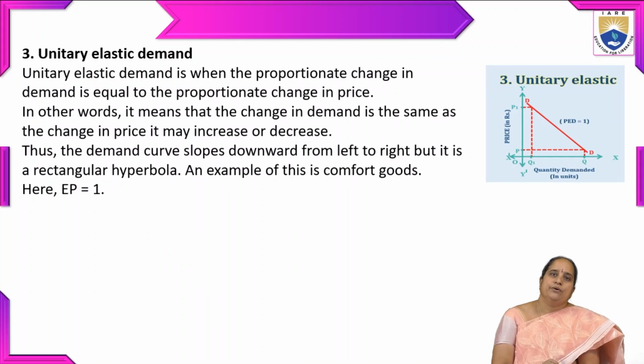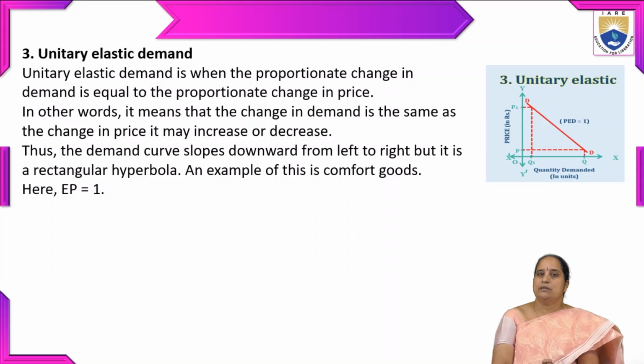Then the third one is unitary elastic demand. Unitary elastic demand is when the proportionate change in demand is equal to the proportionate change in price. It means that the change in demand is the same as the change in price, whether it increases or decreases. For example, if the price of a commodity increases by 10%, we see the same 10% increase or decrease in the quantity demanded.